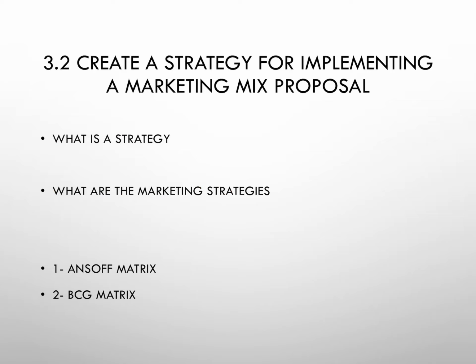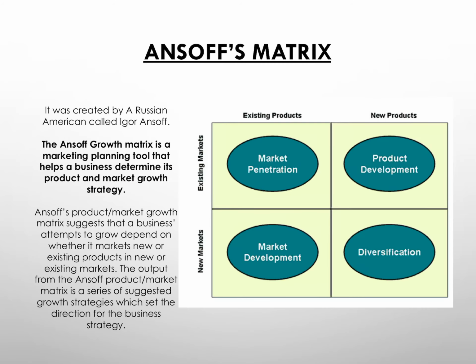Then we are going to look at Ansoff matrix as well as BCG matrix. This is one of a strategy that is used by many companies in order to create the brand or in order to improve the sales.